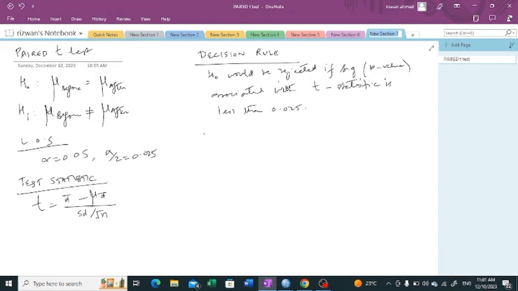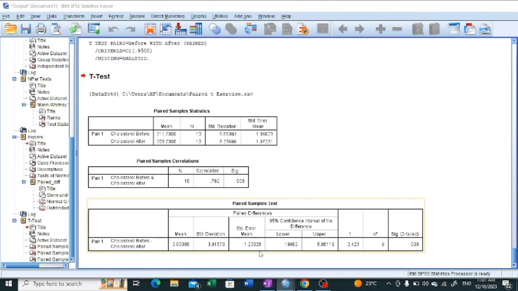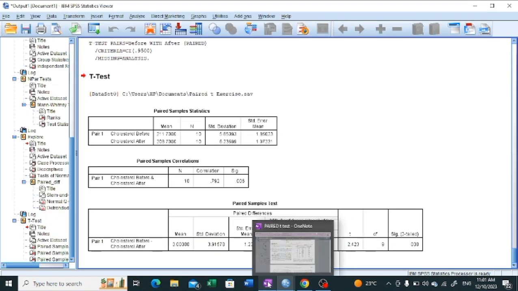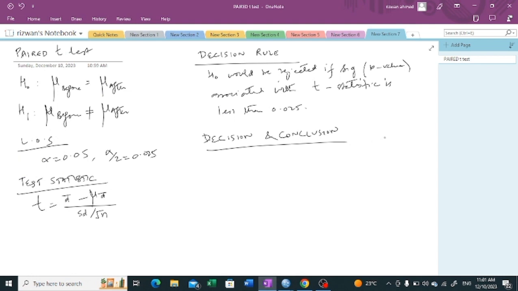Now if you look at the result, the p-value is 0.038. Therefore, H naught is not rejected.